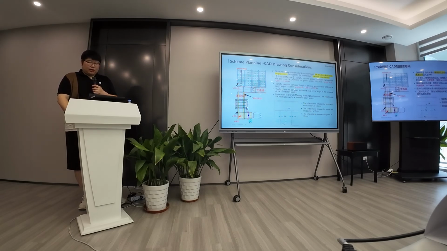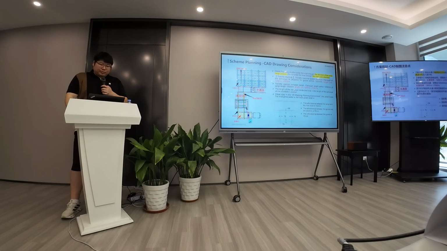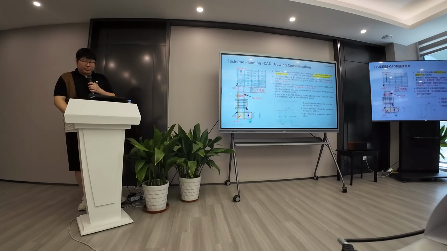Then, how is the length of the conveyor of the transfer machine section determined? The length of the goods is within, for example, 1,200 millimeters, and the length of the transfer machine is about 2.4 meters.